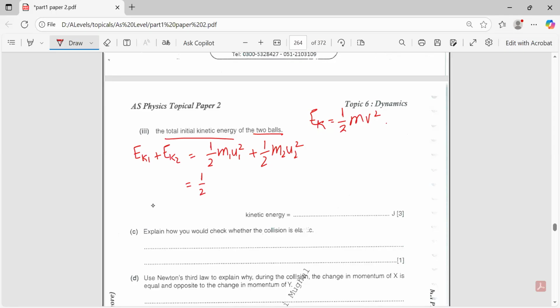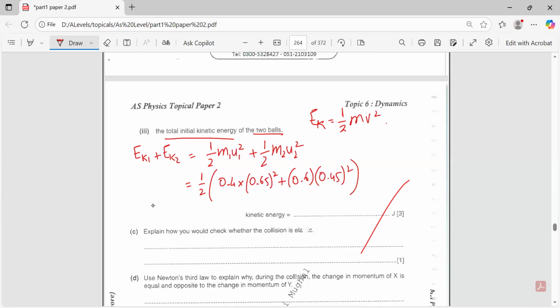We can take half as common from both, and when half is taken as common, this will be written as 0.4 multiplied by 0.65 square plus, what is mass 2? Mass 2 is 0.6 into 0.45 square.